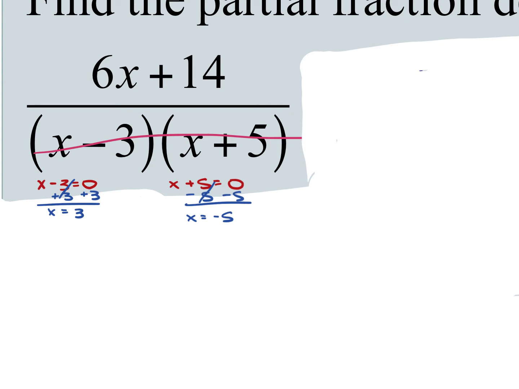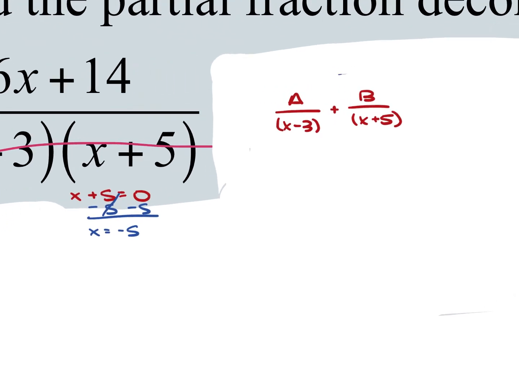So we're going to use a over what's one of them, which is the x minus 3, plus b over the other, which is x plus 5. In order to get to our next part, we're going to multiply that a by whatever our fraction in that term is missing in order to get that least common denominator that we started with.